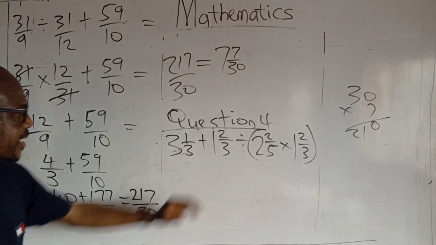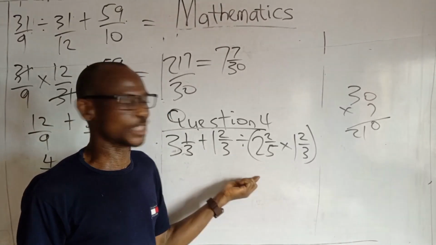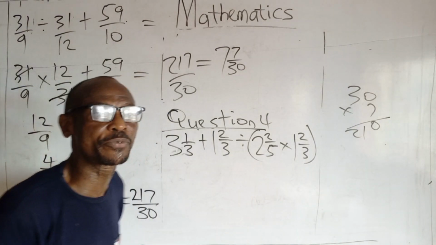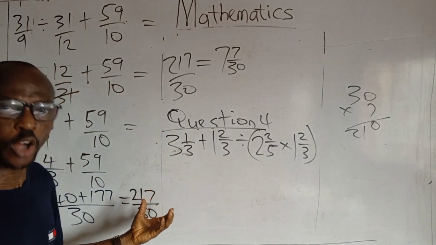So it means that you can see that there's a division here, but we have a bracket here. So the value of multiplication in the bracket will be taken first. So if this is taken first, let's evaluate all other values.